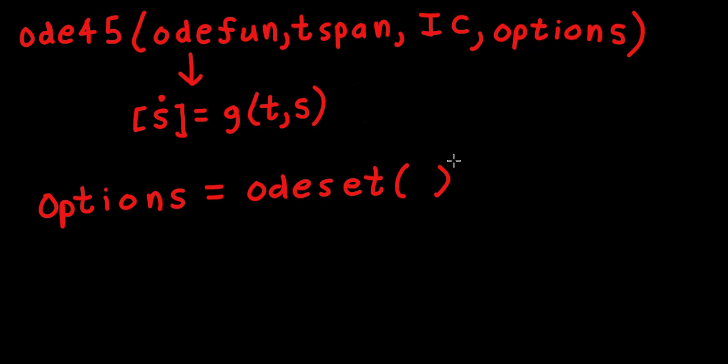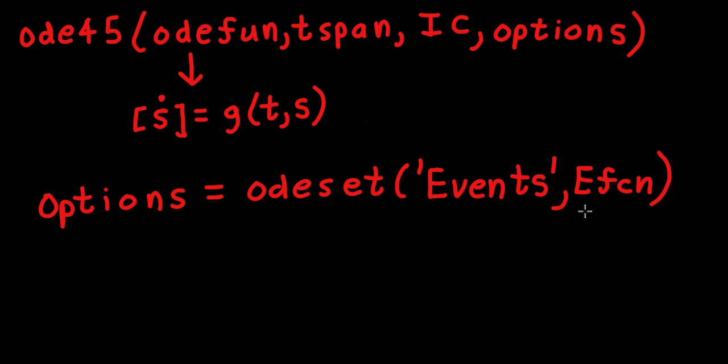In our case, we're interested in specifying events, so that's what we're going to do. We'll use apostrophes, and we will have events, and this tells MATLAB that the next input will be our events function, and then we specify the events function.